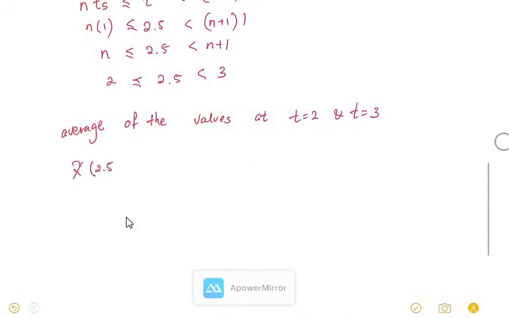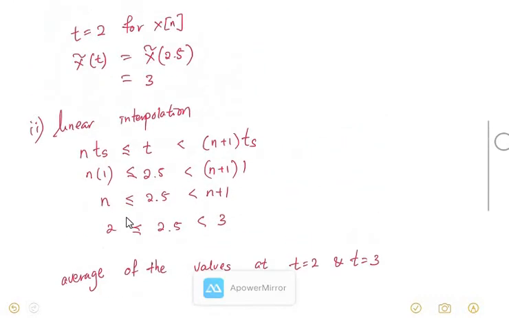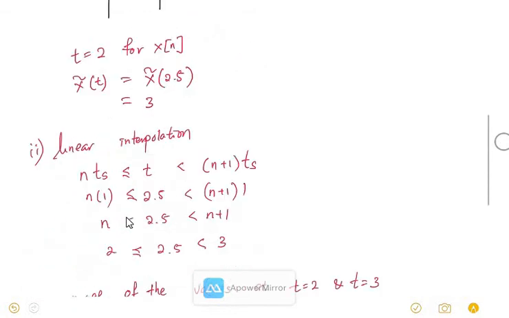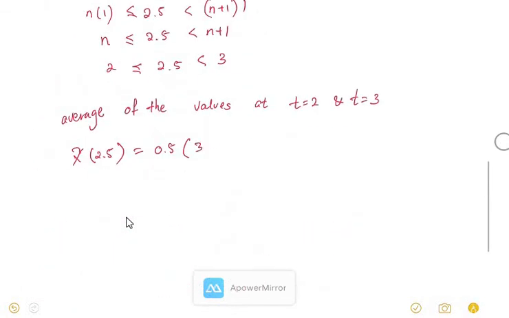The value at 2 is 3 and the value at 3 is 2. So 3 plus 2 divided by 2 is equal to 2.5.